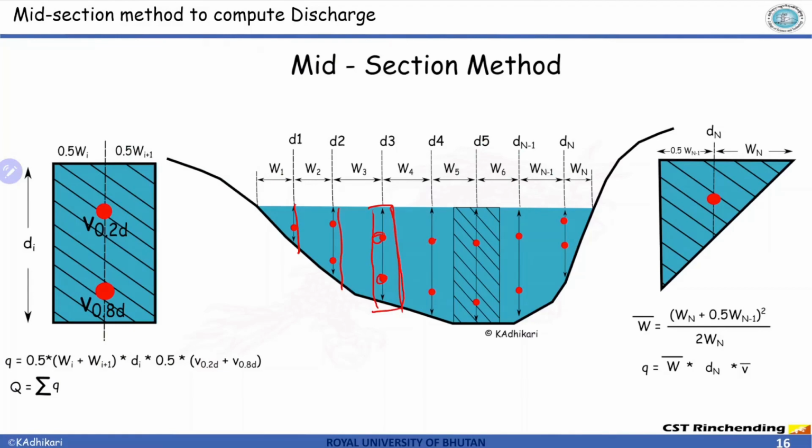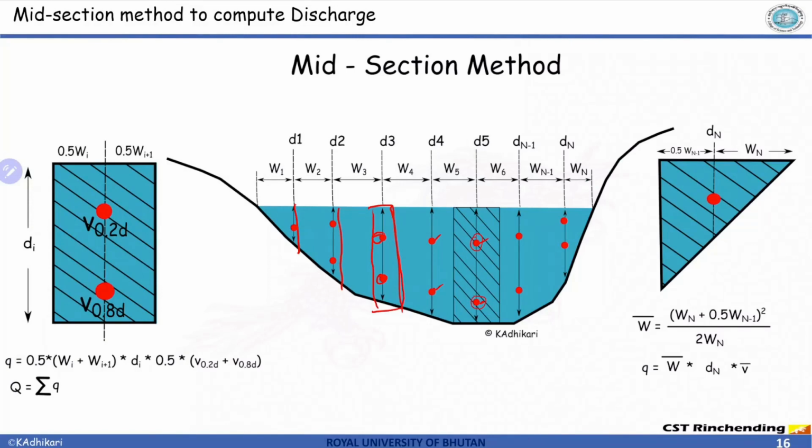The red dots are the locations, normally 0.6d, or 0.2d and 0.8d. This is the 2-point measurement method. So in this vertical, for example d5, two measurements are taken at 0.2d and 0.8d.